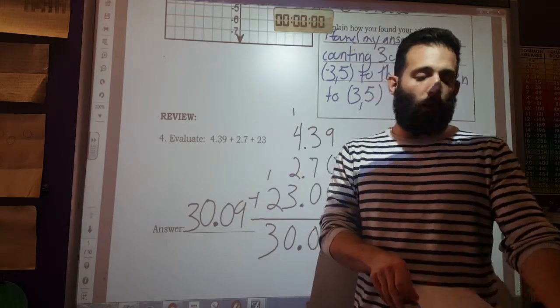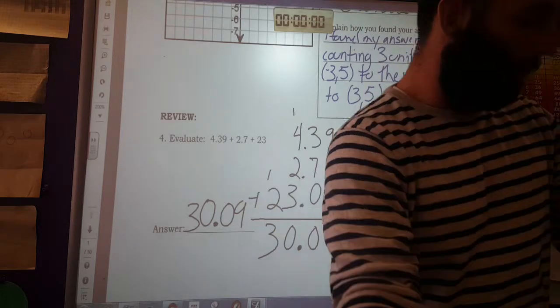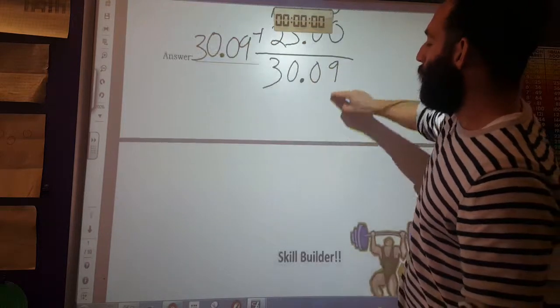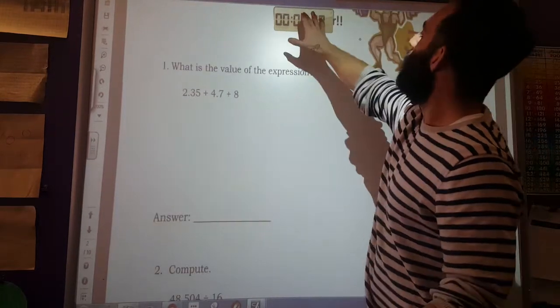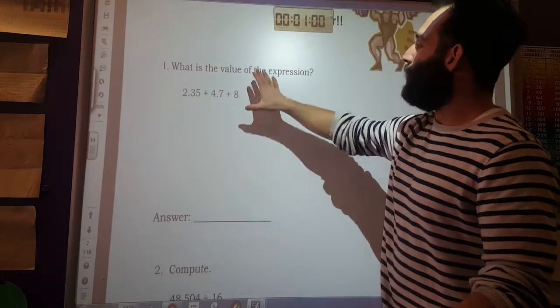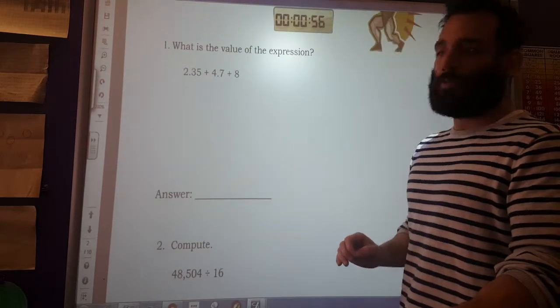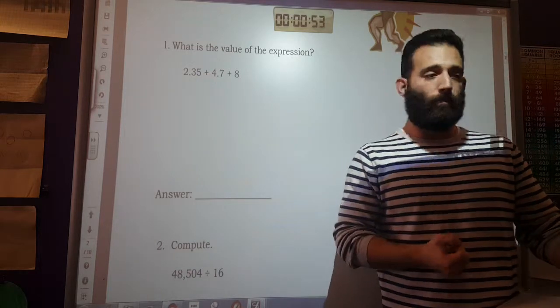Like I mentioned earlier, today we're going to be talking about perimeter. And to build ourselves up to that, we're going to go over the skill builder. So take 1 minute to evaluate the expression here and compute this division problem down here. Go ahead.